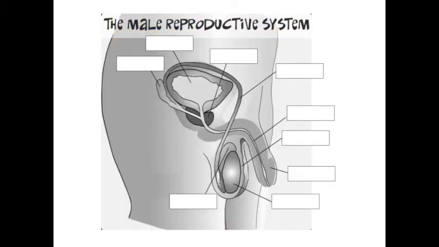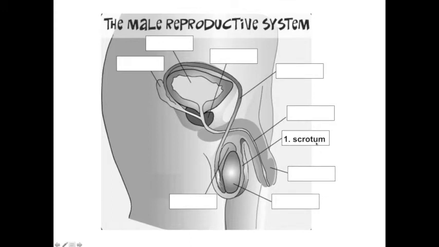Now, in your booklets, you will see the male reproductive system, and you will see several blanks. What I want you to do is follow our discussion and number the parts, so that you will know the pathway, where it starts and where it ends. For example, the first part would be the scrotum, so I put there number 1, scrotum.